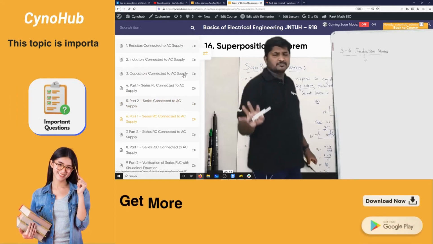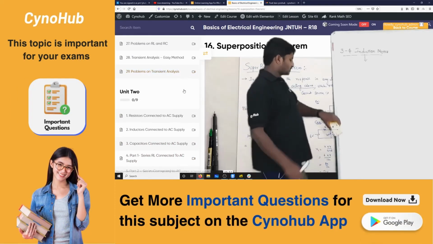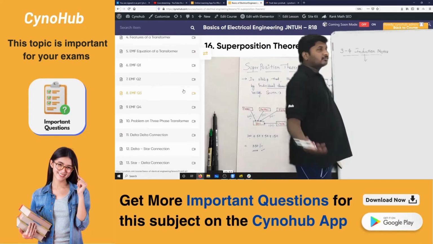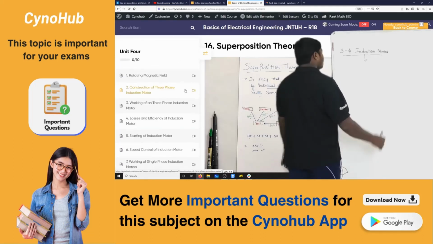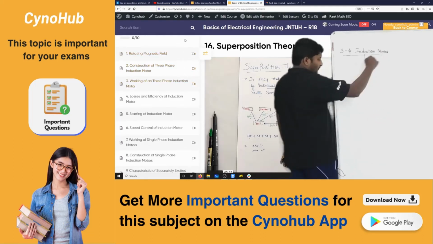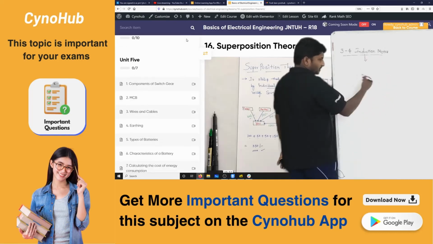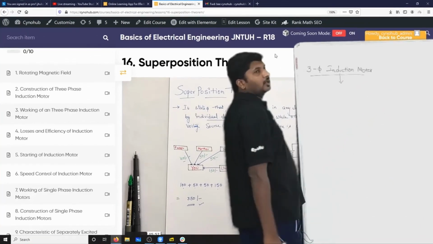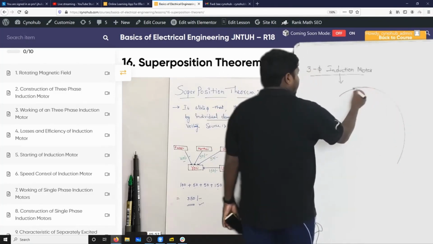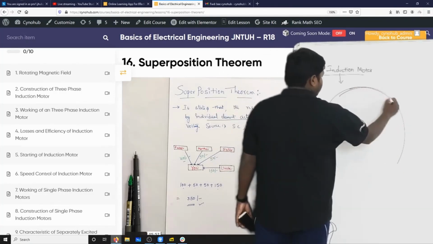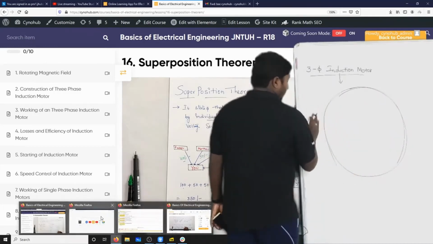I will give some brief explanation because we have very little time. First, I will give a diagram of the three-phase induction motor, then I will go for the operation. Now, normally all electrical machines except the transformer consist of a stator.